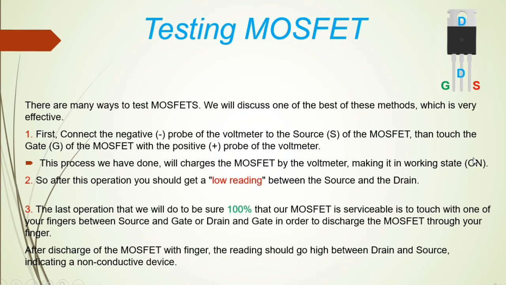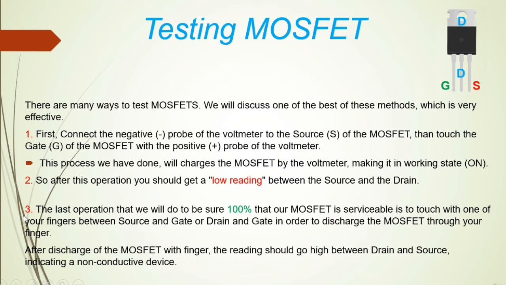After this operation, you should get a low reading between the source and the drain, because the electric current will flow between drain and source since we activated the gate with the voltmeter.